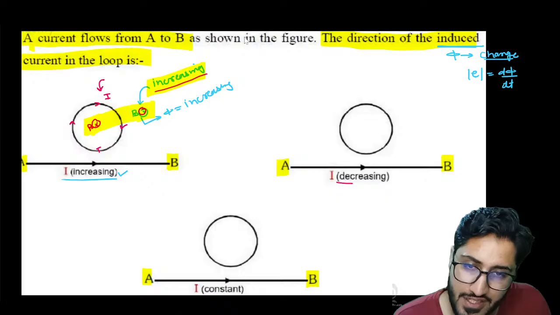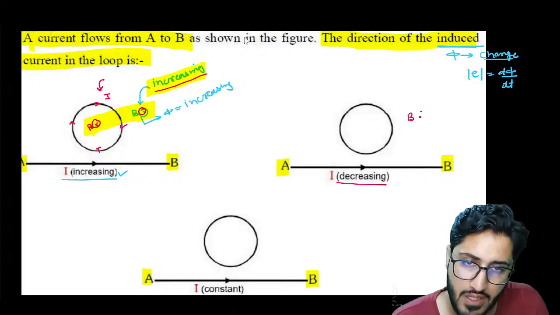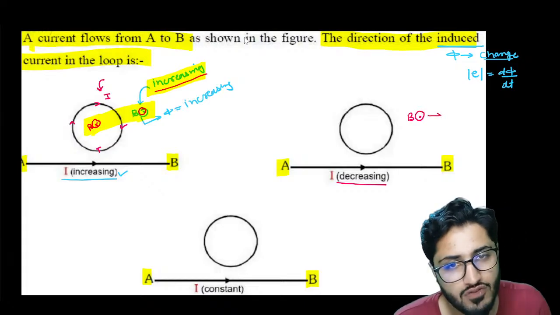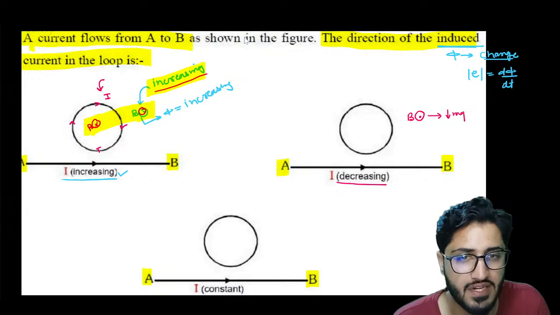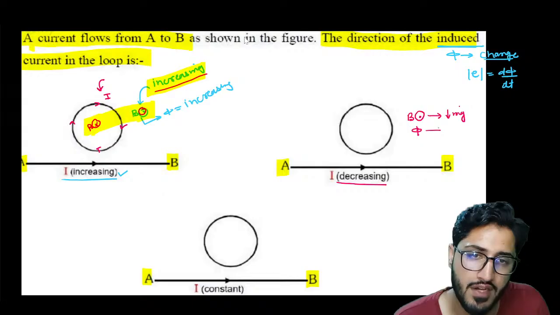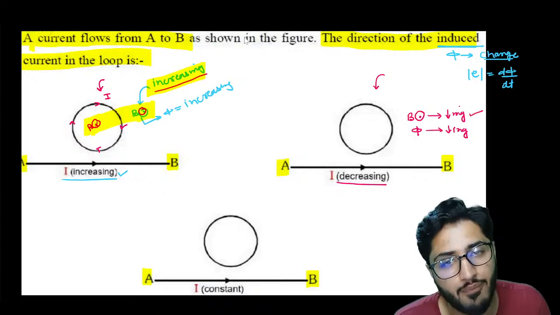Now look, in this case my current is decreasing. I know that B is outwards, I know it very well. But if current is decreasing, that means B is also decreasing. So the flux associated with it is also decreasing. My current will flow in this loop in such a way that it will oppose it.